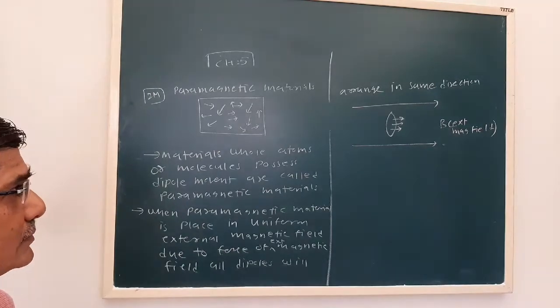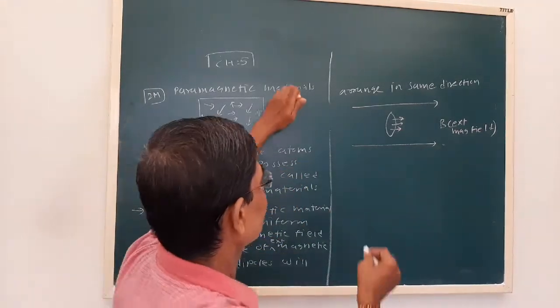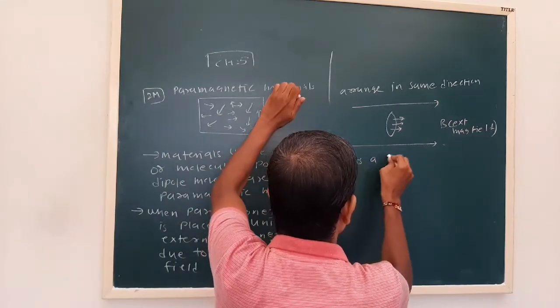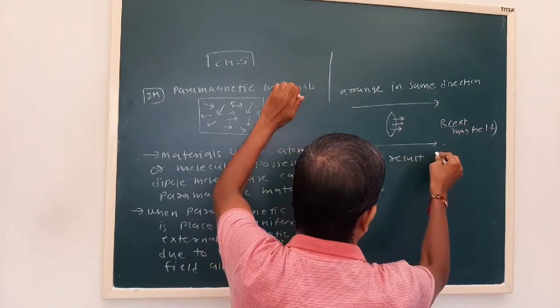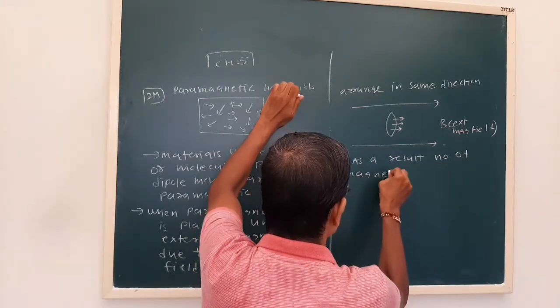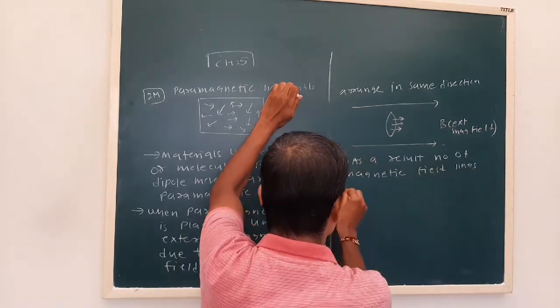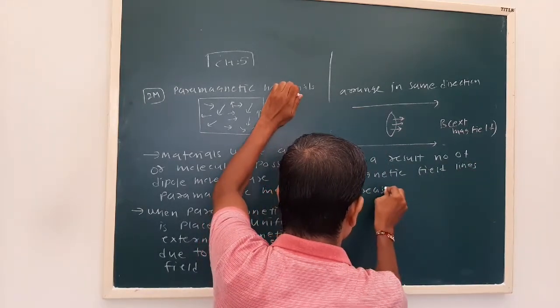As a result, the number of magnetic field lines inside the material increases.